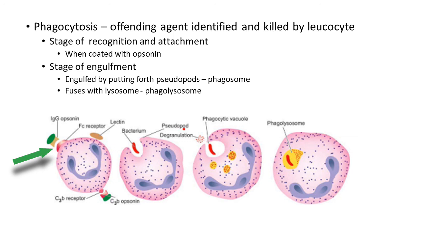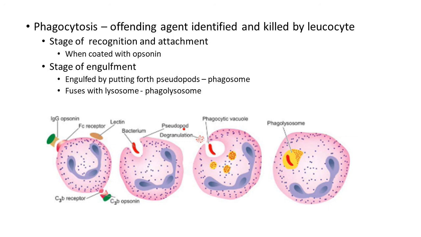This recognition is further enhanced when the microorganism is coated with specific proteins called opsonins, which come from the serum. This process is called opsonization. So when the microorganism is coated with opsonins, there is enhanced recognition by leukocytes. Examples of opsonins include IgG opsonin, C3b opsonin, etc.